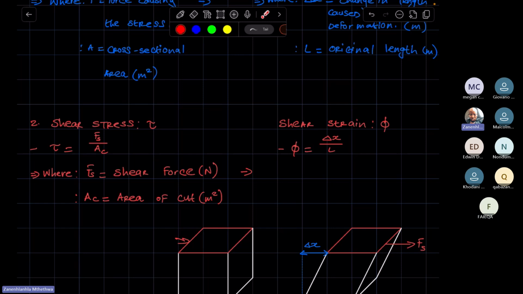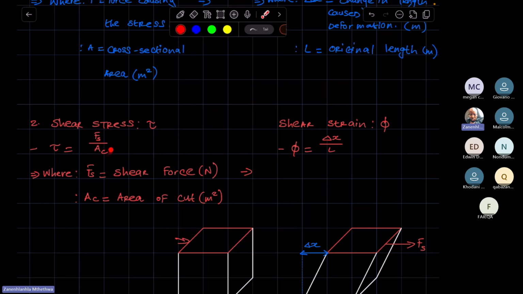Now, it could happen that the area of cut is equal to the cross-sectional area and you end up using the cross-sectional area, but it is important to note that the area we use here would be the area of cut, depending on how the material is being cut, or how the material is being subjected to a shear stress, in which portion of the material is being subjected to shear stress.